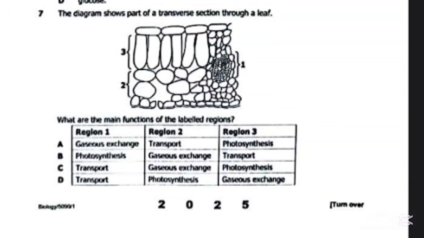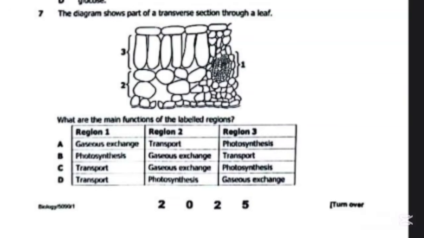The diagram shows part of a transverse section through a leaf. So this is a leaf, and this is how the internal structure of a leaf looks. So what are the main functions of the labeled regions?